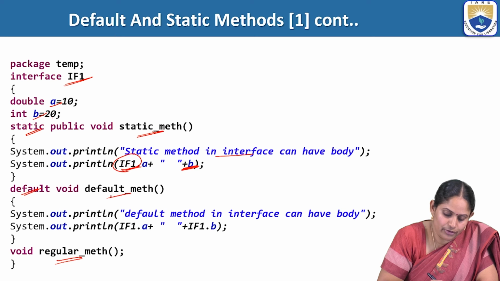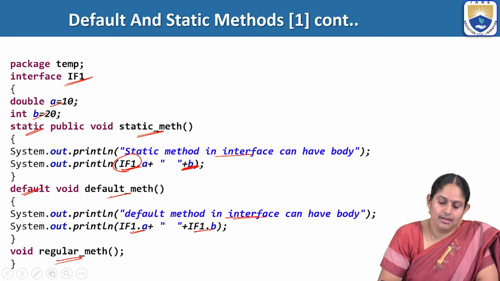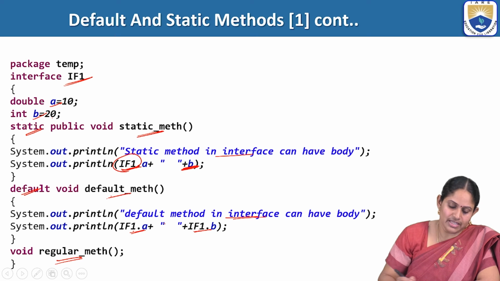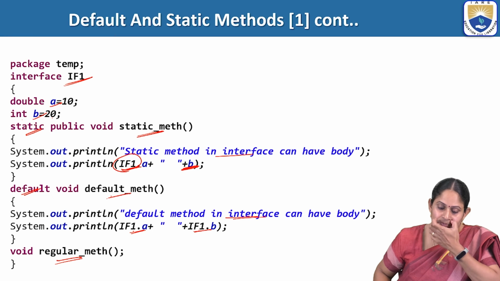Now we have the default method. Inside the default method, the implementation displays some statement, and it is trying to access the static members of its interface. So we are using the interface name along with those variables. Then we have the regular method which doesn't have any implementation. That has to be given by the class which is implementing that particular interface.